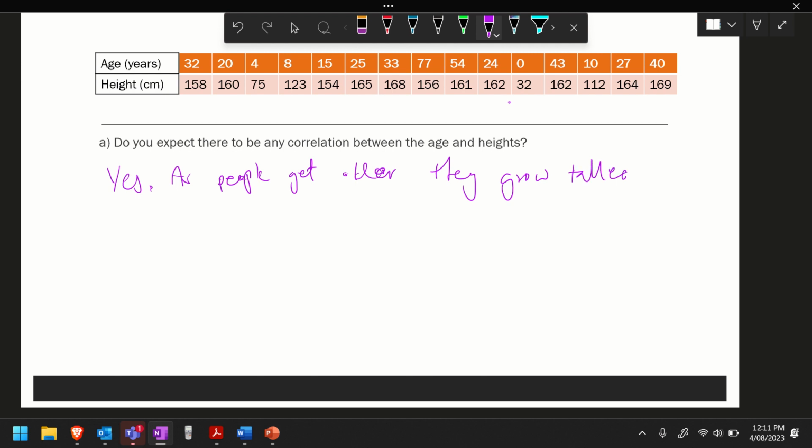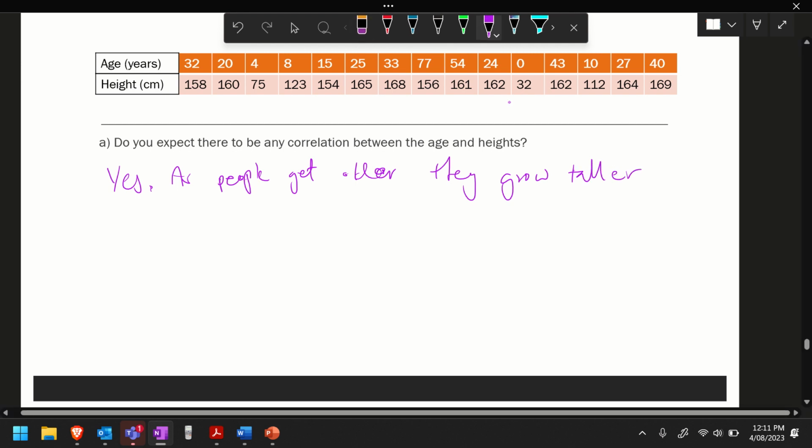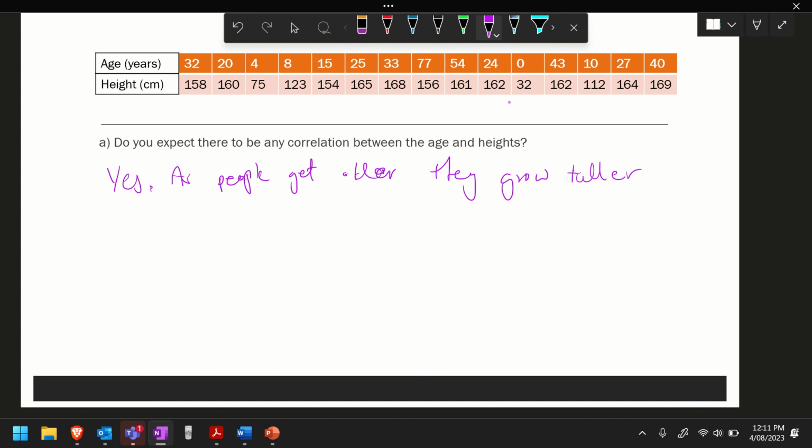Now, I did mention, remember, you're going to get questions that aren't necessarily mathematical, but you need to talk about these things. One of the other questions with the previous time series question was, do these temperatures belong in Australia? I think it said in the middle of the year of that graph, the temperatures were really high. Start of the year, they were really low. So you'd have to think about those sorts of scenarios.